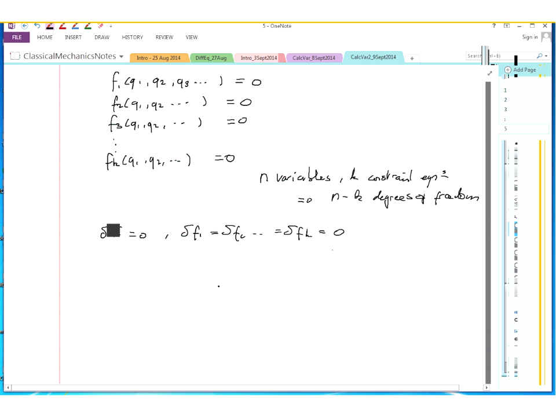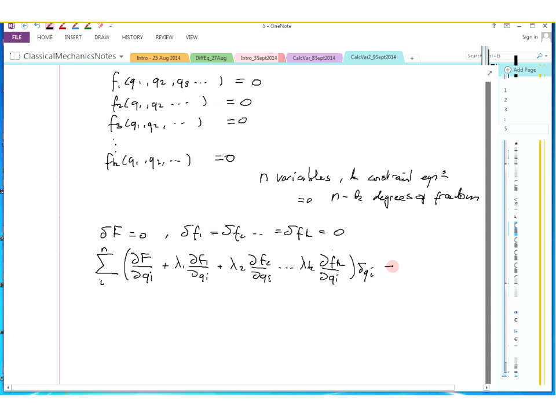So we construct again, arbitrarily, since 0 plus 0 plus 0 is still 0, a new quantity that's still equal to 0, given by the sum from i to n of di f by di qi plus lambda 1 di f1 by di qi plus lambda 2 di f2 by di qi, up to lambda k di fk by di qi, times delta qi, equals 0.